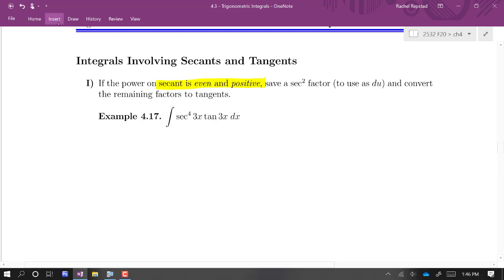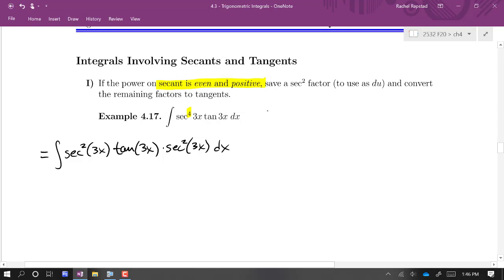So here's our even positive power on secant, secant to the fourth. We're going to peel off a secant squared factor and throw it at the end. When we do that, it looks like the integral of secant squared 3x tan 3x times secant squared 3x dx. If I'm saving secant squared at the end, that'll be my du, so I want my u to be equal to tangent.